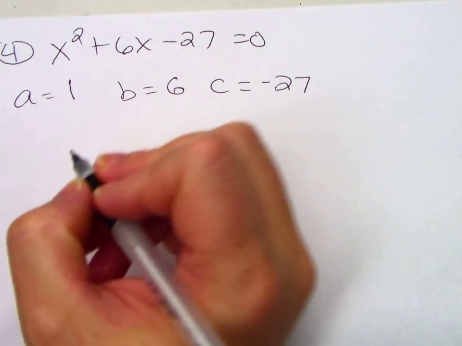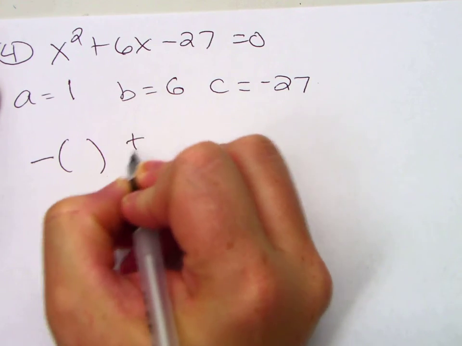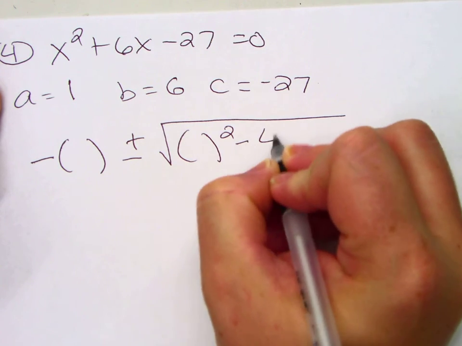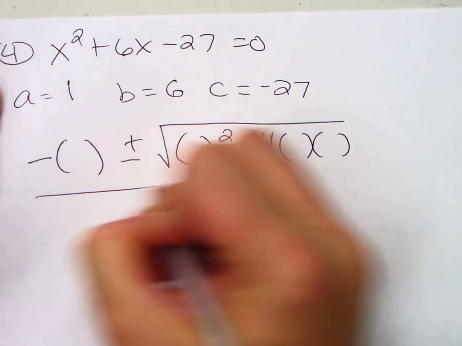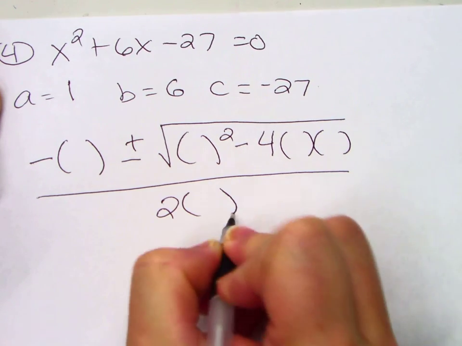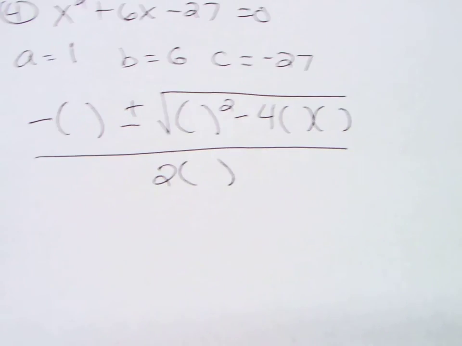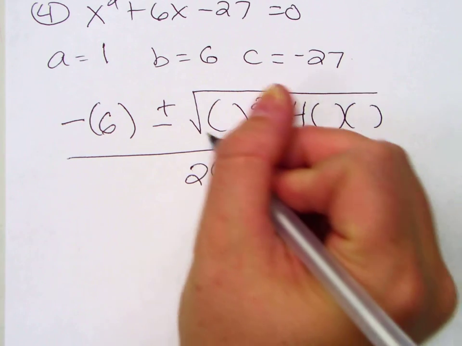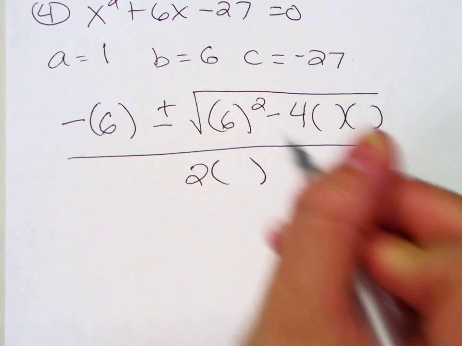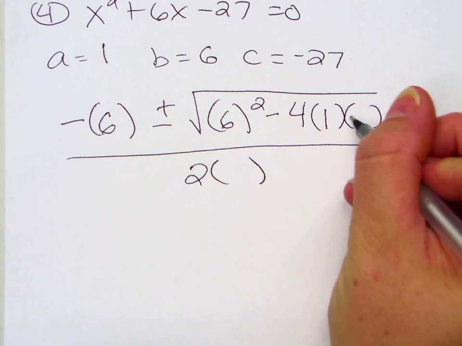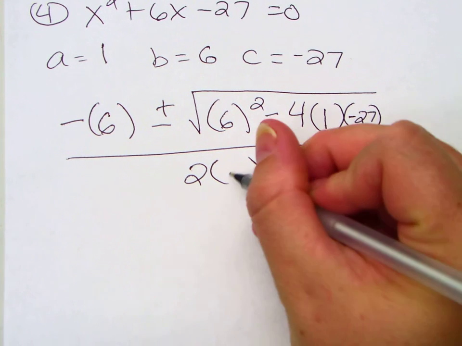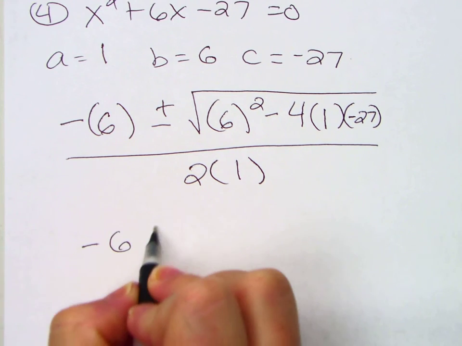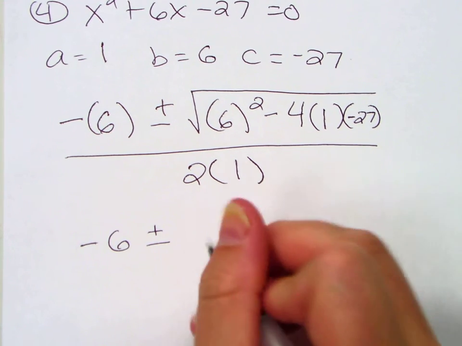Okay? So negative b plus or minus the square root of b squared minus 4ac all over 2a. Write the whole thing out with parentheses. Watch your signs. Negative 6 plus or minus. Now, the square root.